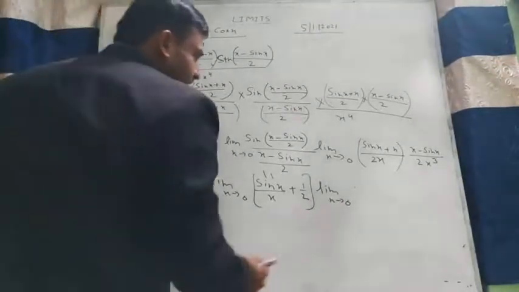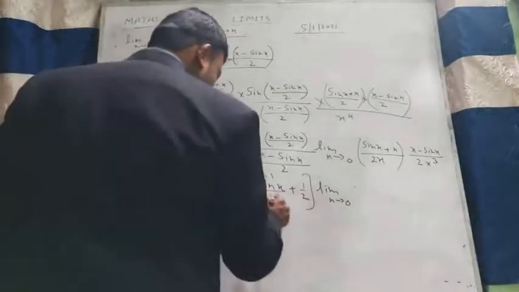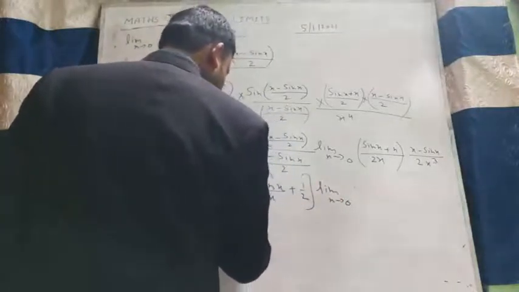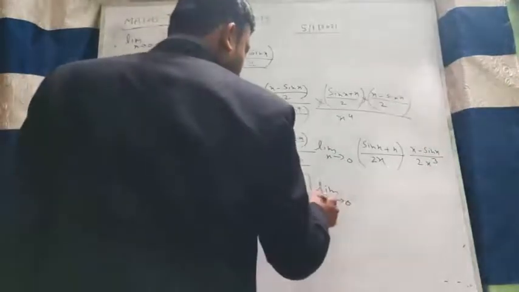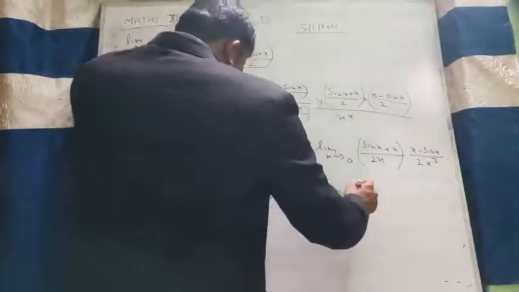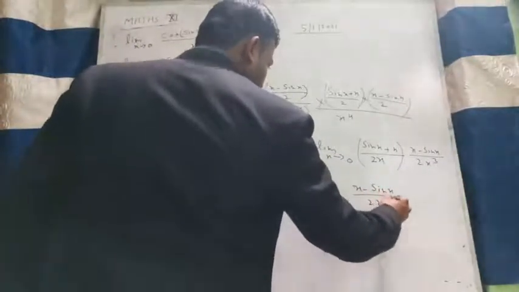Okay, student, so this 1 by 2 will be here, and this part is limit x tends to 0 of (x minus sin x) by 2x cube.